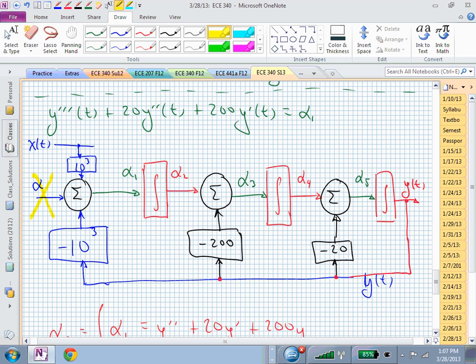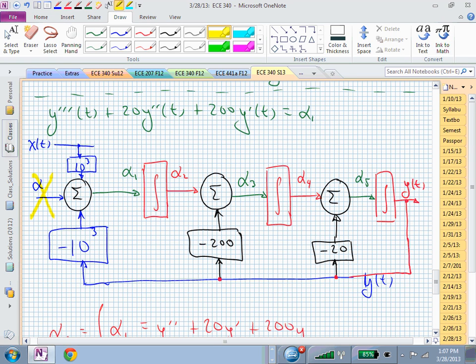What's the only thing you have to remember to produce a state space representation from this block diagram, or any all-integrator block diagram? Pardon? The stuff coming out of those integrators, that's what I'm going to define as my states.